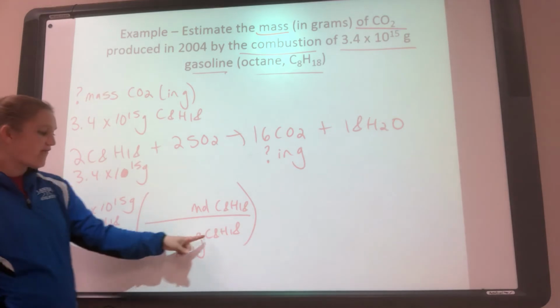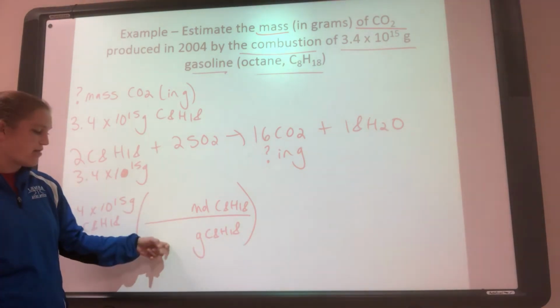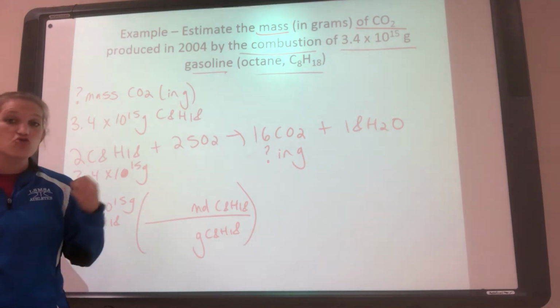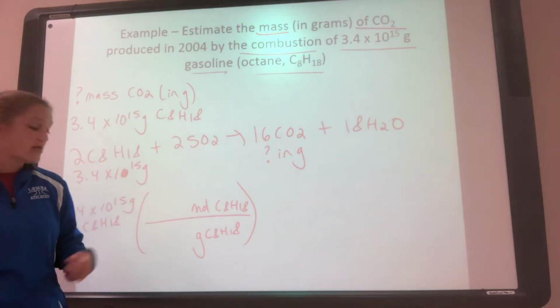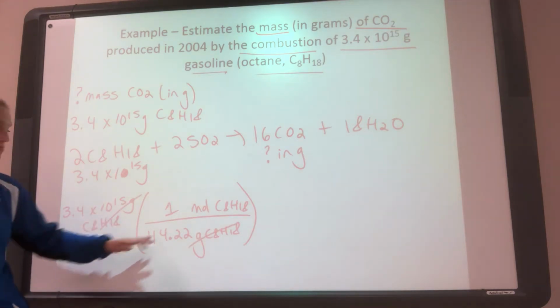Does that go on top or bottom? It's 114 grams per mole. That number always goes with the grams. And moles goes on top, one on top. So now I've gone from grams of my octane to moles.